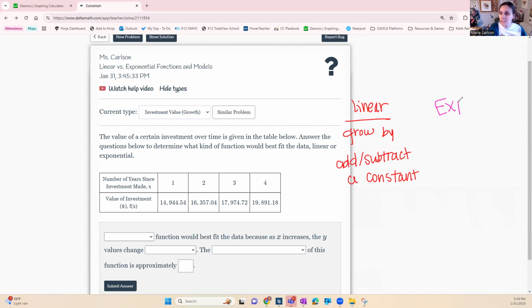Now, exponential, they grow a lot faster and will always exceed a linear model. Linear grow by adding or subtracting. Exponential grow by multiplying or dividing a common ratio.